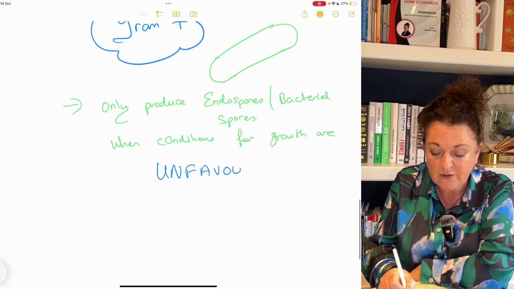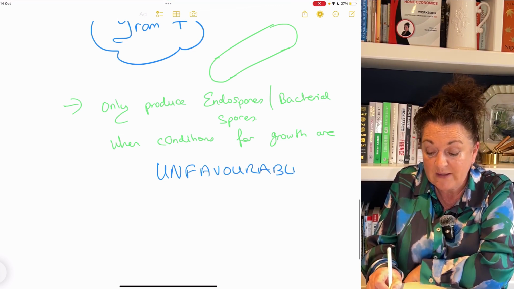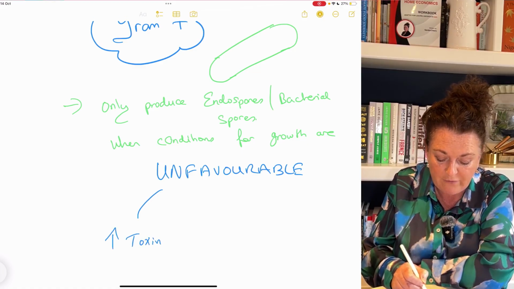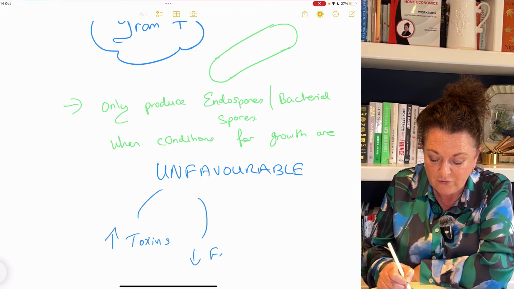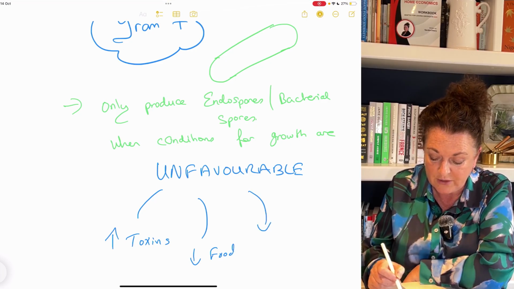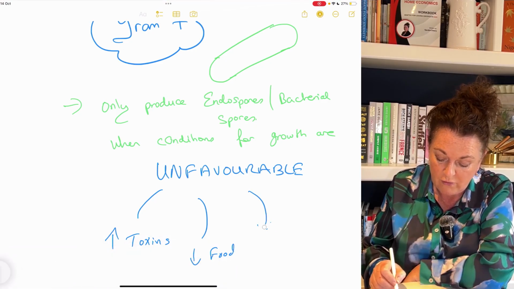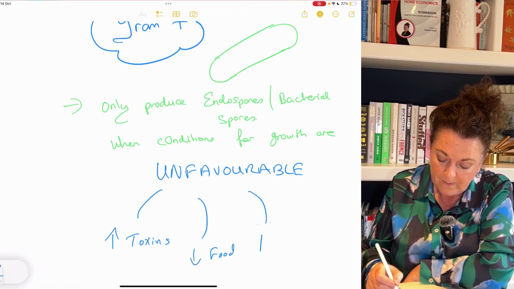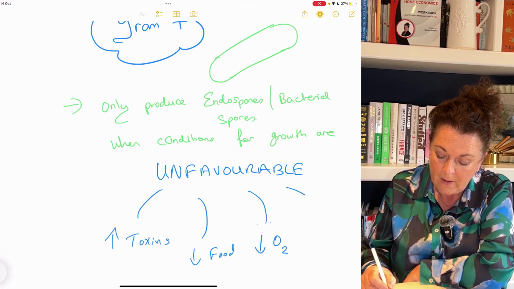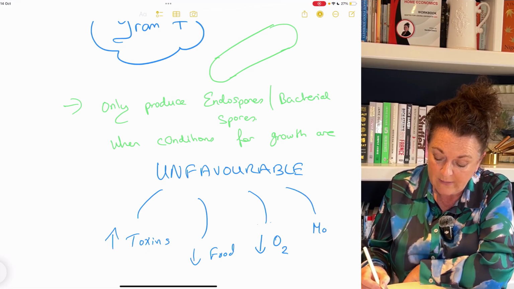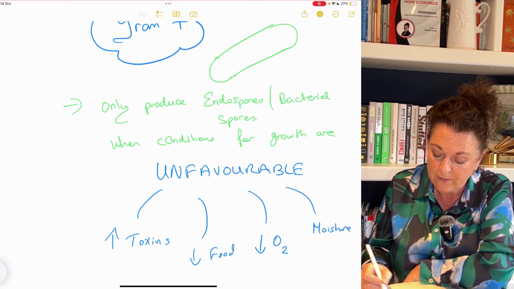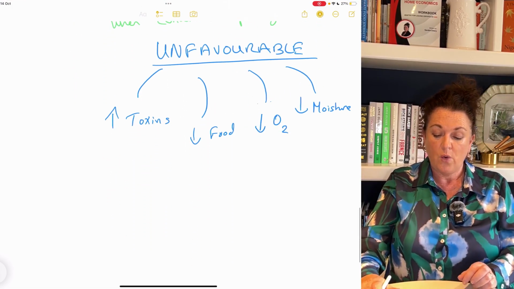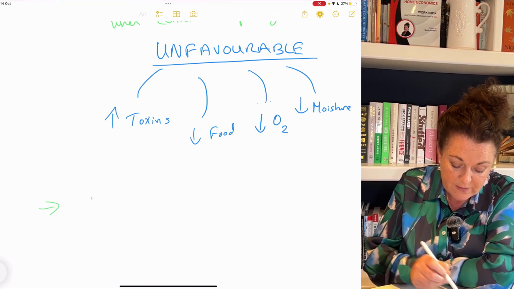And just to remind ourselves again, what do we mean by these unfavourable conditions? Toxins are building up in the environment. Food is running out. Oxygen is possibly running out as well. Moisture and so on.